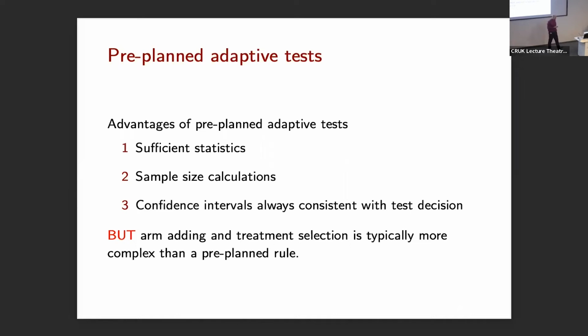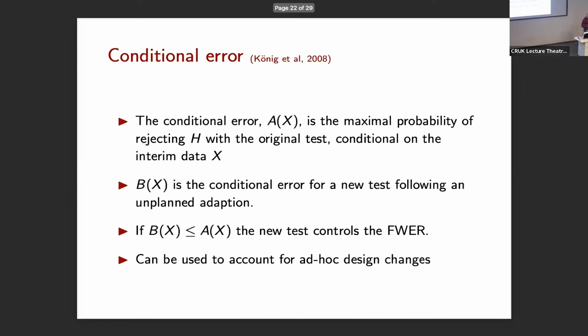So what can we do? Well, fortunately, there is a way out, and that's an approach called the conditional error approach, which is the largest probability of rejecting a null hypothesis with your originally planned test, conditional on the data that you've seen.